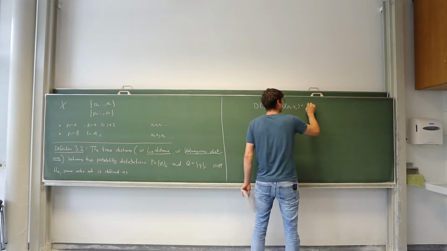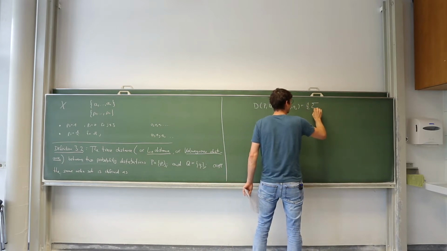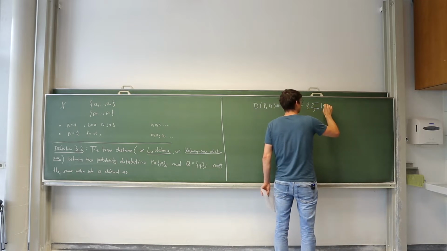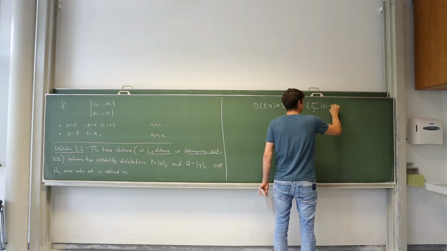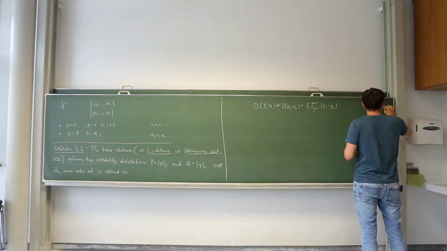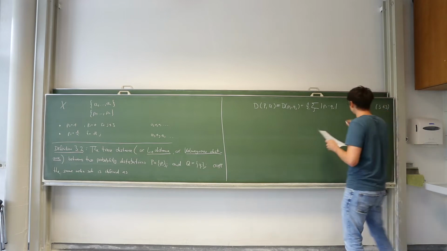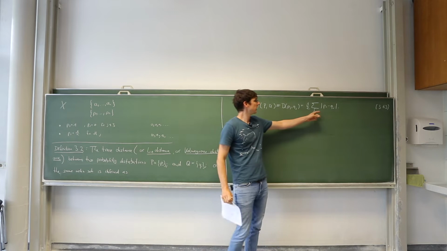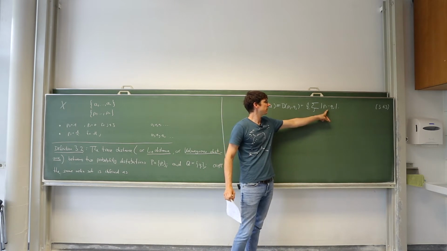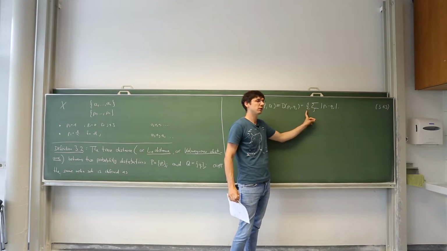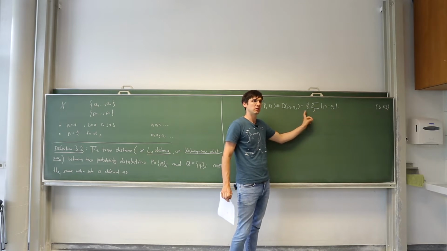And this is 1/2 times the sum over all j of the modulus of the differences of these probabilities. Okay, so that's how it's defined. We always take the modulus of the differences and then sum over it, right? And then we have a factor of 1/2 for normalization.